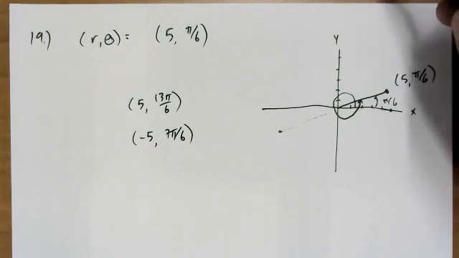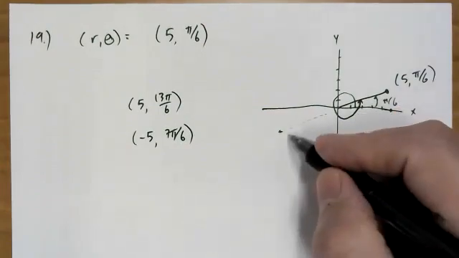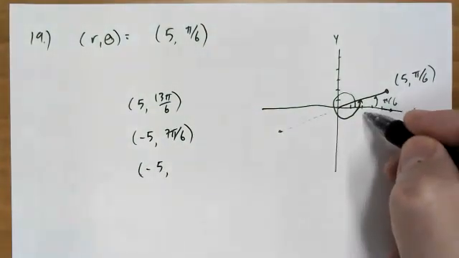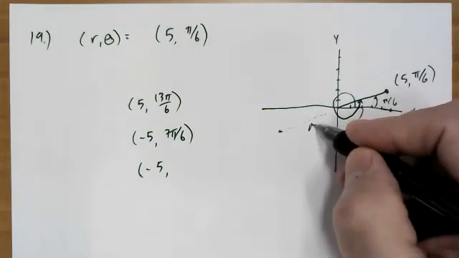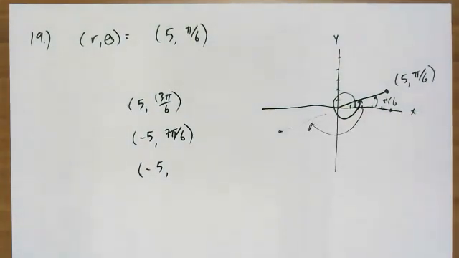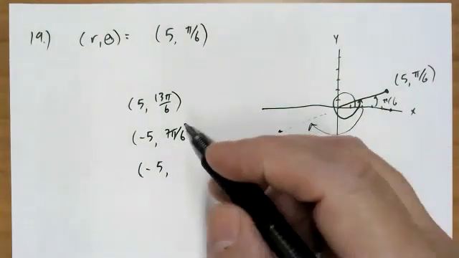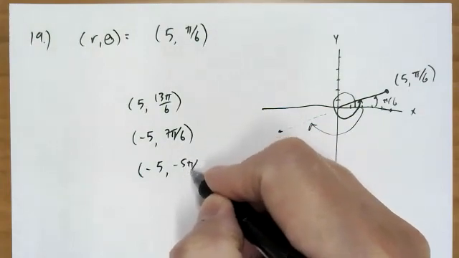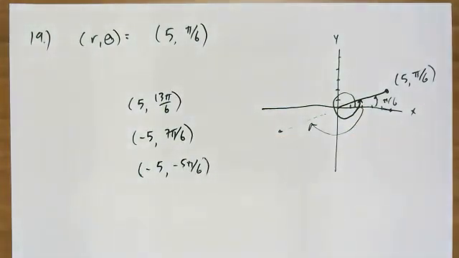They also said to use a negative angle. A couple things I could do. I could go here again and have a negative r, and this angle right here. So that's a negative angle direction, and that should be -5 pi over 6.